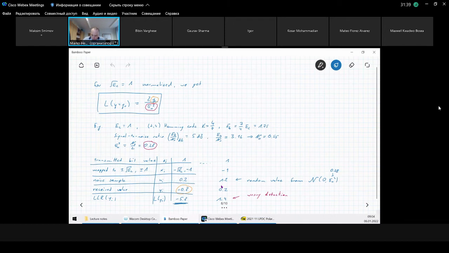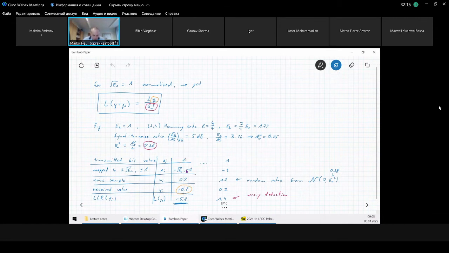Our noise sample comes from a Gaussian distributed random variable with the noise variance described here. Assume we get a value of 0.2 from this random process. Then what we observe at the receiver will be -1 plus 0.2, so -0.8. This will be the value at the correlator output, the value we will use for our decoding and our decision.